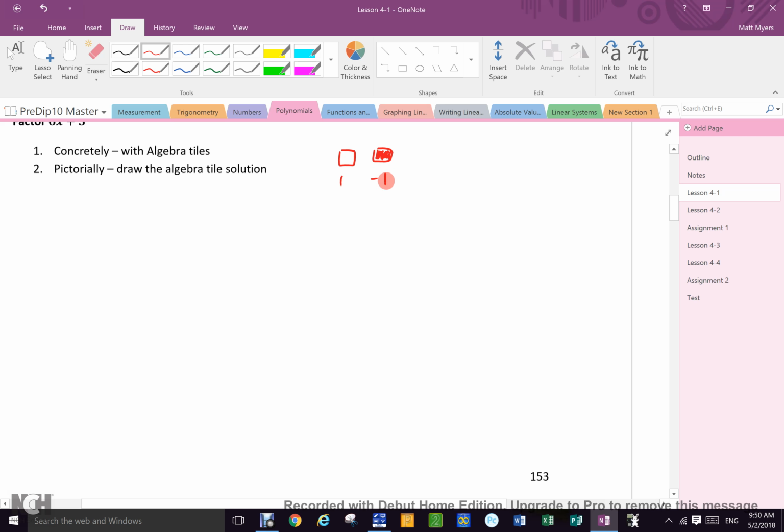Right? The next algebra tile is a bar. Now, if we actually had the algebra tiles out, and if you were in my grade 9 class, we actually brought the algebra tiles out and played around with them, you would see that almost 5 of them fit here. But it's not exact.